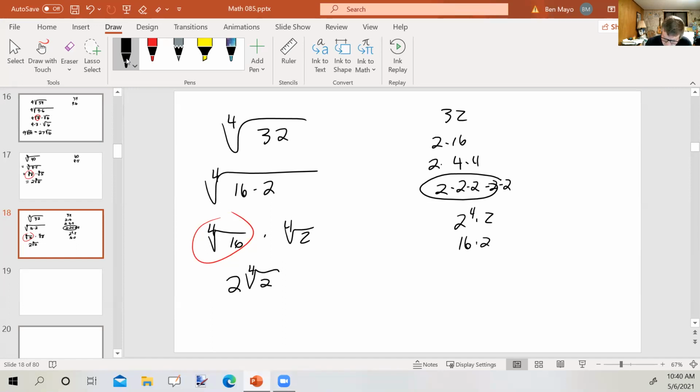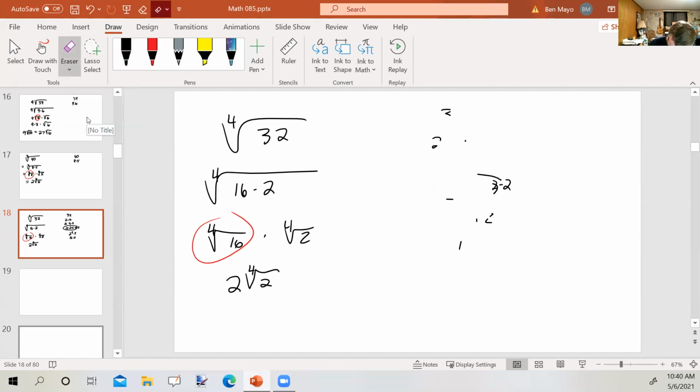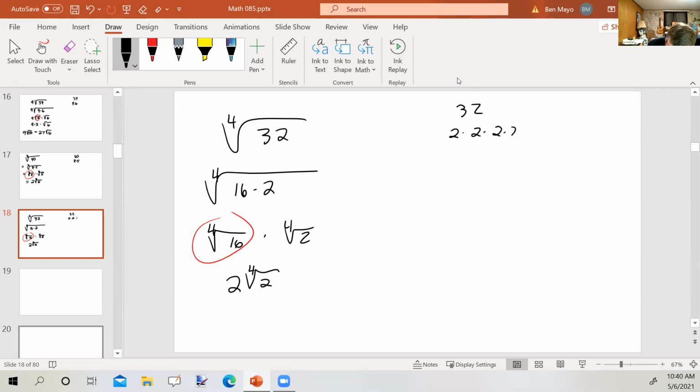I want to go back and do this problem again, and let's do this. So we determined that 32 was 2 times 2 times 2 times 2 times 2, right? Or 2 to the 5th power. Well, since I'm taking a fourth root, I could think of it as 2 to the fourth power times 2, okay?